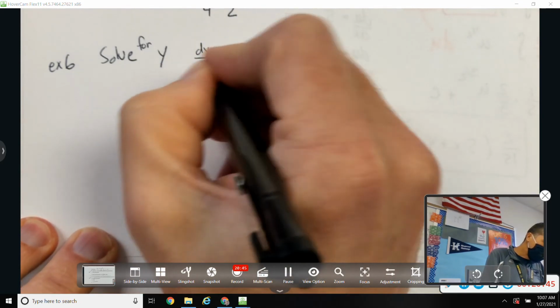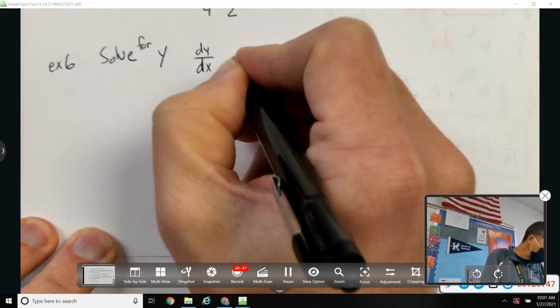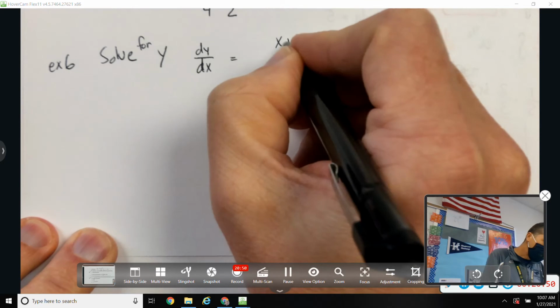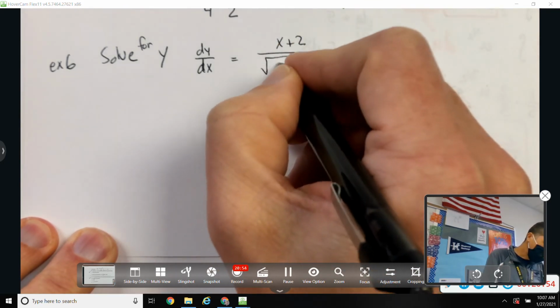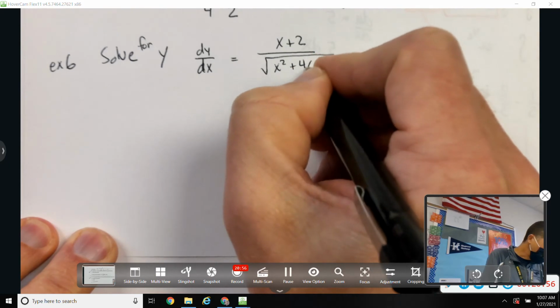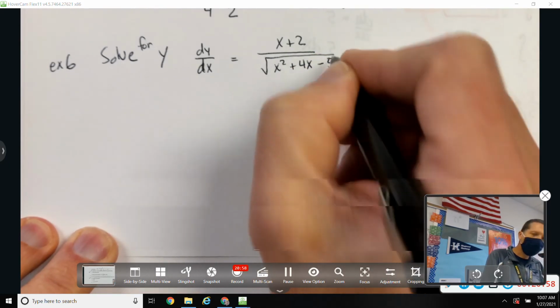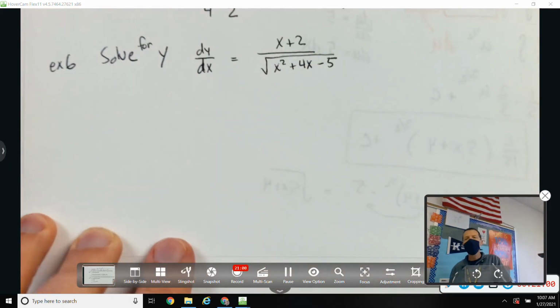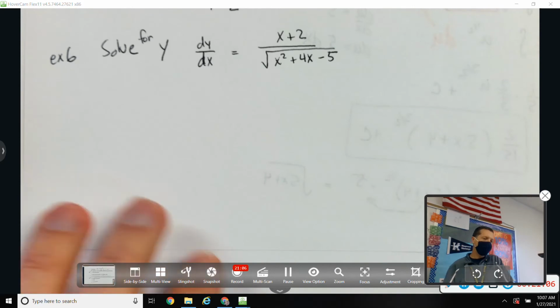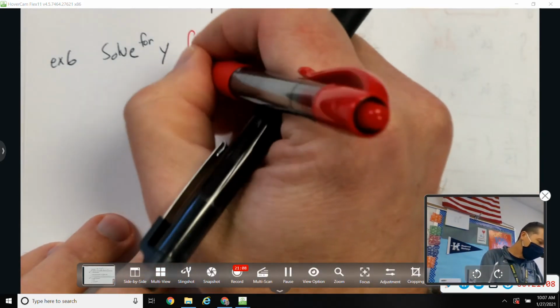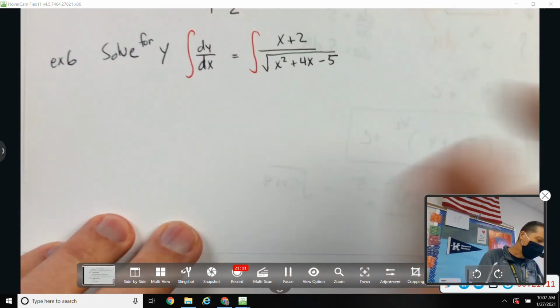Alright, let's do another one that's set up this way. dy/dx equals (x plus 2) over the square root of (x squared plus 4x minus 5). We have y prime. If we want y, we should integrate both sides, which sort of brings us to the point of this problem.